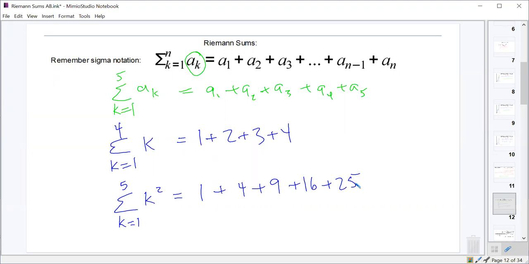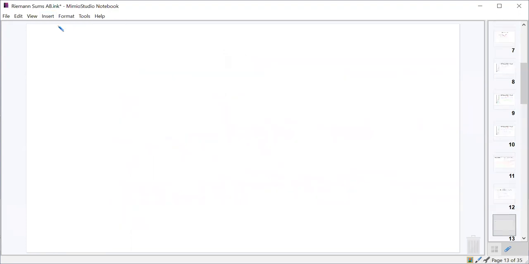Okay. How familiar are we with these summations and rules for summations? Let's find out how familiar you are. Suppose I asked you to find the sum from k equals 1 to 100 of k.